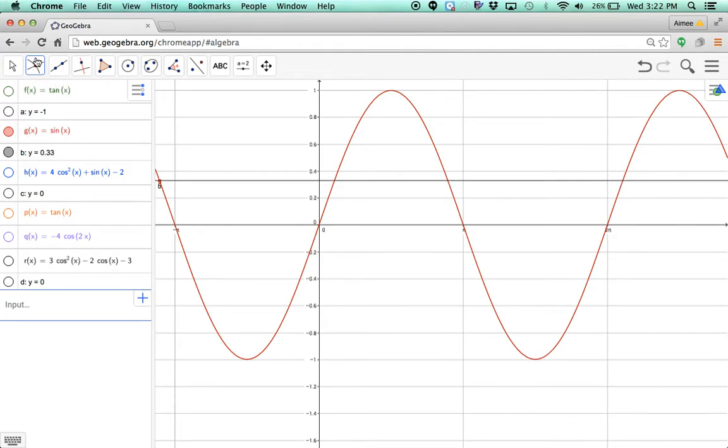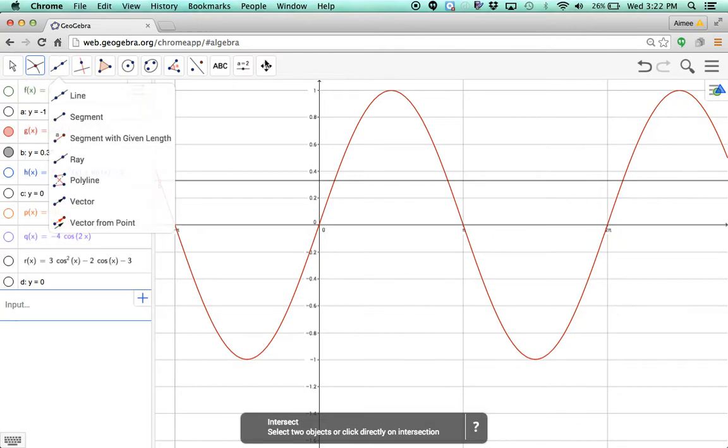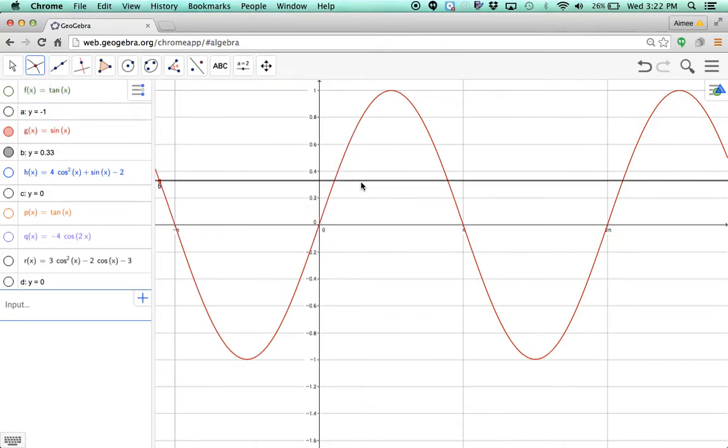You can find these intersections on your calculator. So I'm going to find the intersection of the red line and the black line. You see the first one tells us x is about 0.34. And then the second one is here at 2.81.